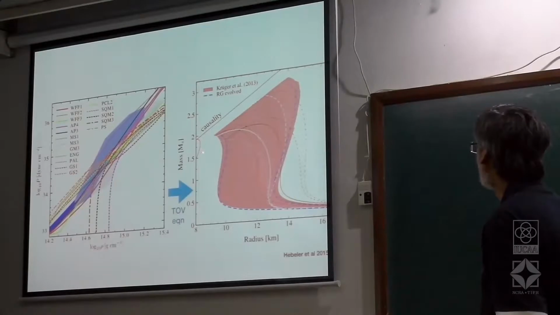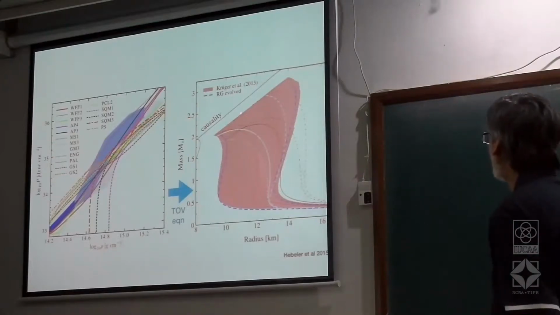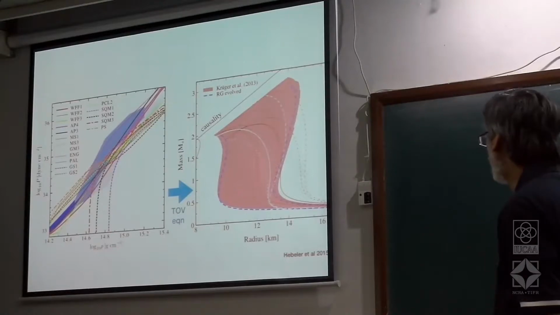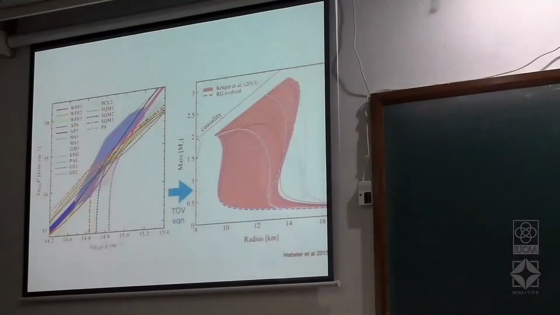There is a causality limit, which means sound speed should not exceed the speed of light. So how is this causality line constructed in the MR diagram?